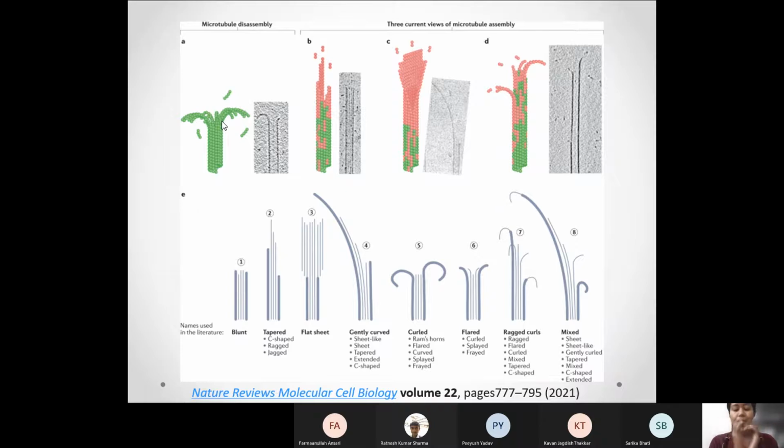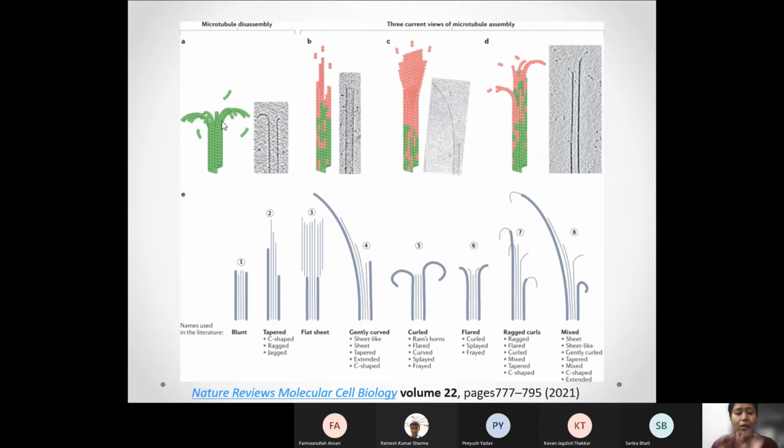It's not actually a cylinder, but a sheet, and you're trying to fold it, much like how children fold paper. So you could even envisage something like that happening, but that's a little difficult to understand. But there are some very recent papers that are trying to justify this by looking at the kinetics, by doing some modeling analysis to see that this might also be a favorable way of how microtubules are formed.